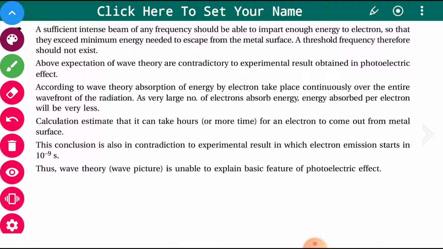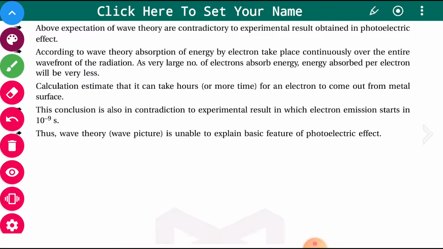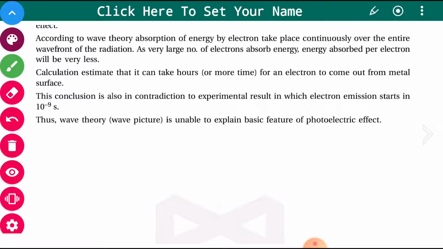Electrons are many on the surface and they will all absorb the energy, so the energy absorbed per electron will be very less. Calculations estimate that it can take hours for an electron to come out from the metal surface.